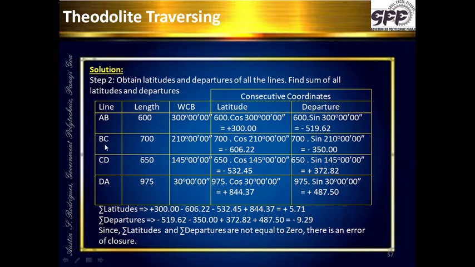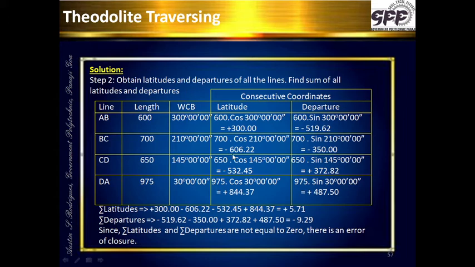Coming to the line BC, the length is 700 and the WCB, the whole circle bearing, is 210 degrees. The latitude is L cos theta. Length is 700, cos of 210 degrees. So this value comes to minus 606.22. This tells me that the latitude is down in the southern side.